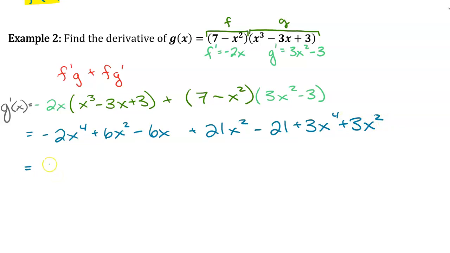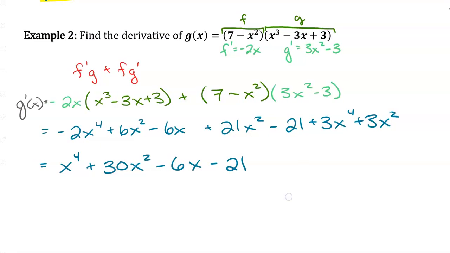So we would have x to the 4 plus 30x squared minus 6x minus 21. And that would be our derivative of the whole thing. Okay? So that's how the basic works of the product rule. So let's do one that's just a little bit harder.